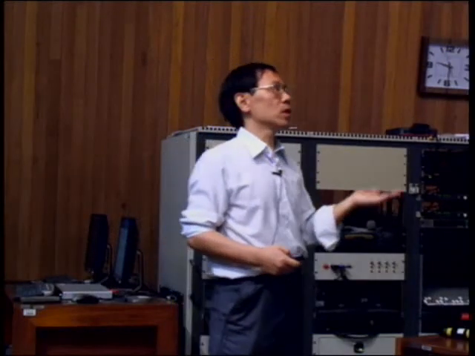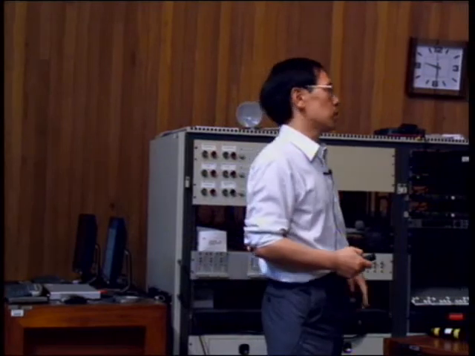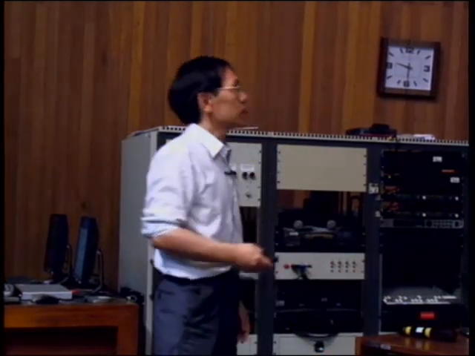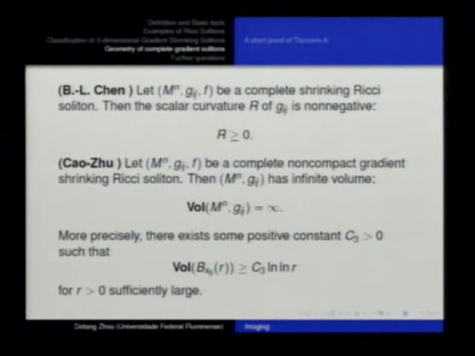If it's not identically 0, it's positive. Another result is that Huaidong Zhou and Xiping Zhu proved that if it's non-compact, you have infinite volume. It's something natural, but we are expecting a better estimate. We don't know how to prove it.